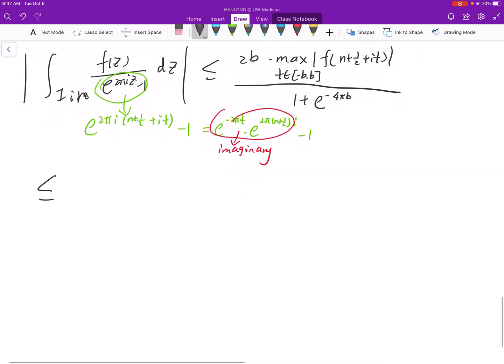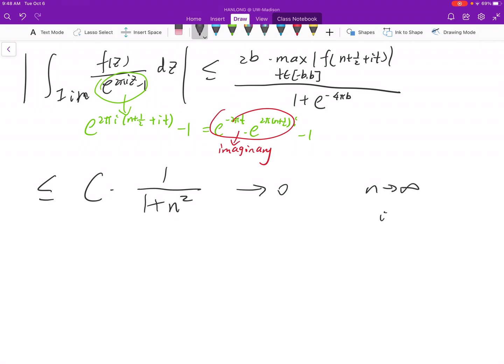Then the whole thing will be less than a constant times 1 over 1 plus n squared, because of the quadratic decay, which goes to 0 when n goes to infinity.